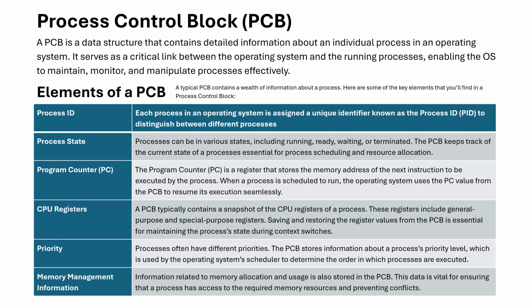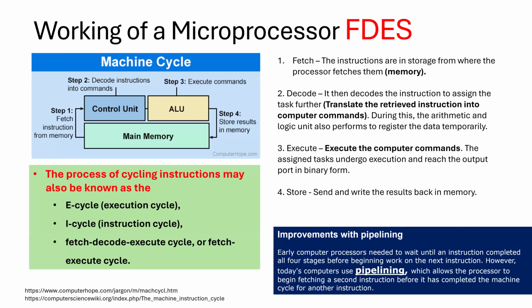As a way of recapping, we talked about the machine cycle, what happens. The three components of the processor are the control unit, the ALU, arithmetic logic unit, and the main memory.